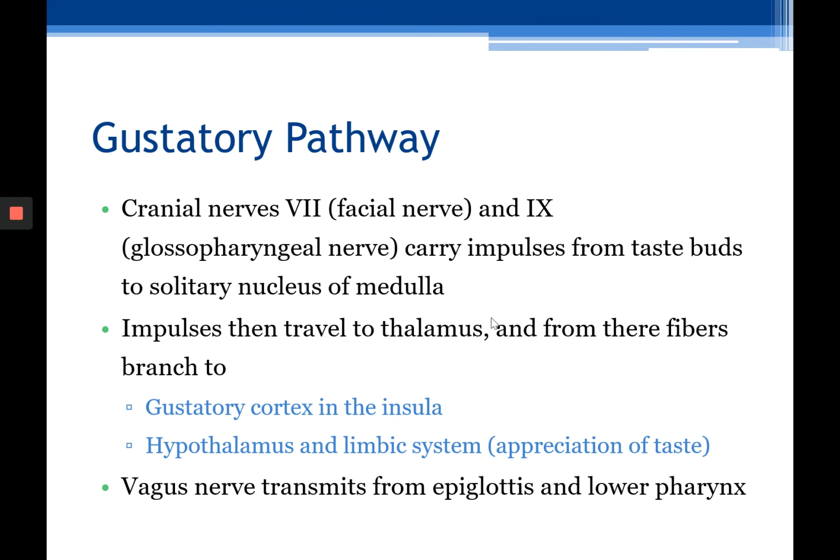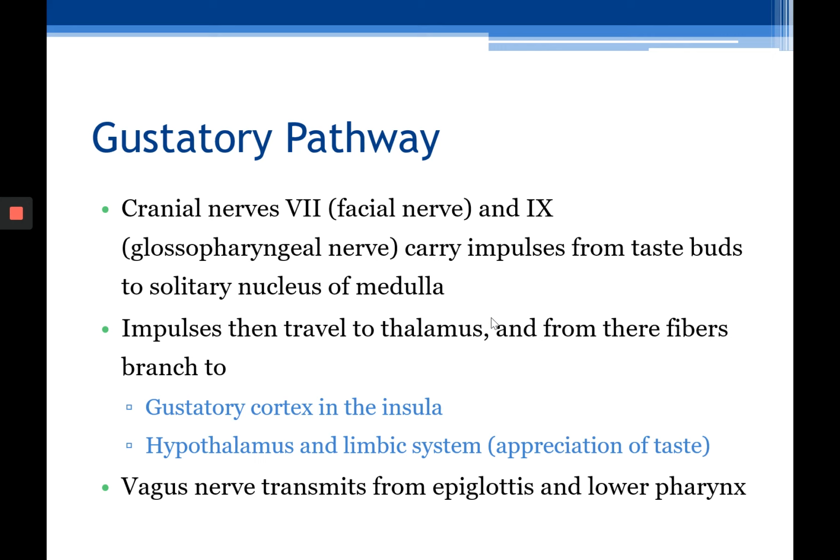The gustatory pathway is towards the brain. We're going to use cranial nerve 7, or the facial nerve, and the glossopharyngeal nerve, or cranial nerve 9, to carry impulses from taste buds to the medulla oblongata of the brainstem. Then from the medulla oblongata, the impulse travels upwards towards the thalamus, which is the relay station for the brain.